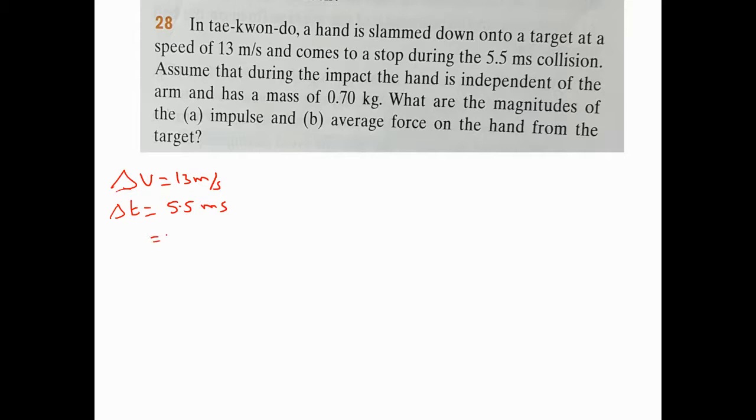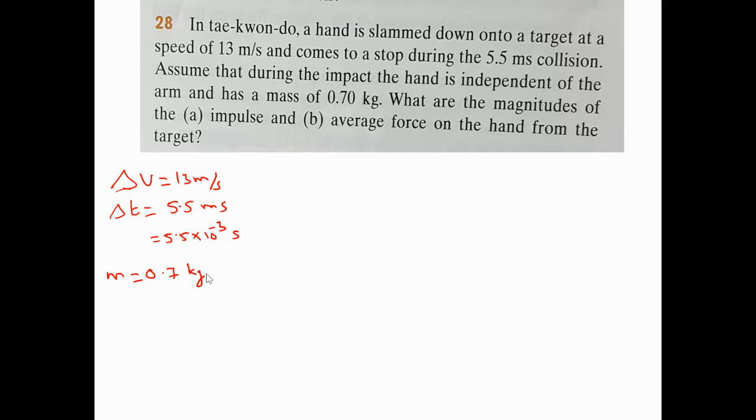What is the meaning of millisecond? 5.5 multiplied by 10 to the power of minus 3 second. They also mention your hand is independent of your body, so the mass of the hand is given: 0.7 kilogram. Clear?